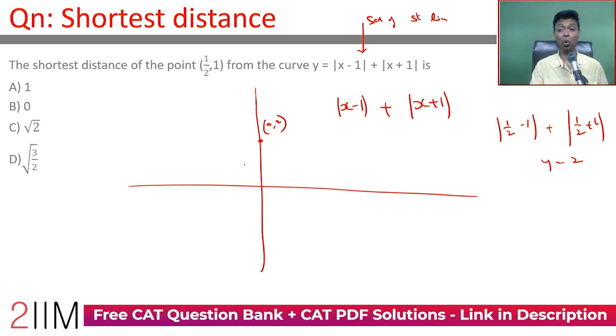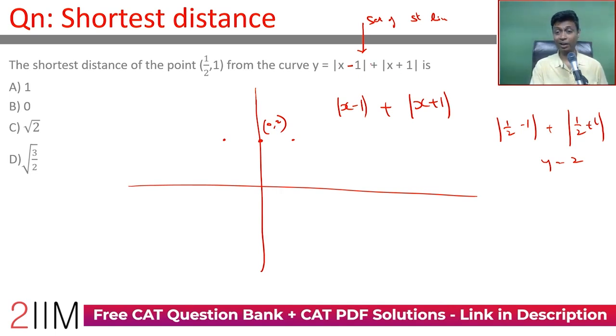When x equal to 1, we'll have 1 minus 1 is 0, 1 plus 1 is 2, so (1, 2) is a point. X equal to minus 1 will be a point here. And x equal to 1 by 2, modulus of half minus 1 is 1 by 2, plus 3 by 2, y equal to 2, that will also be a point. So think about this, a wonderful graph.